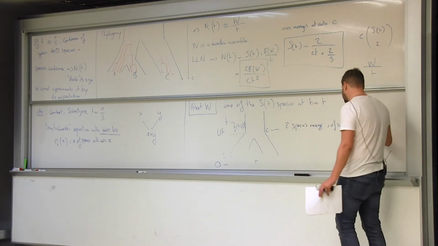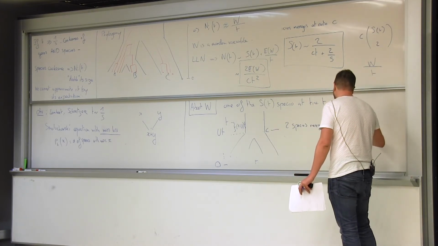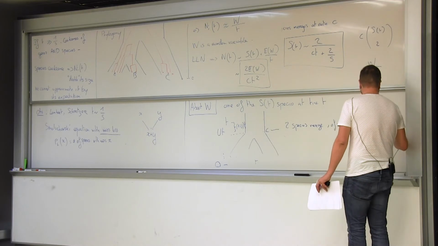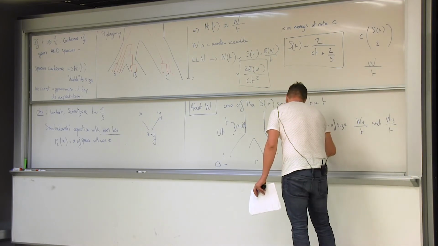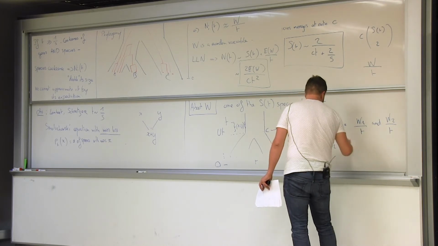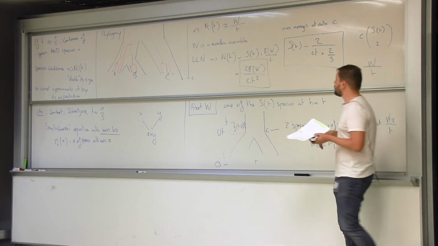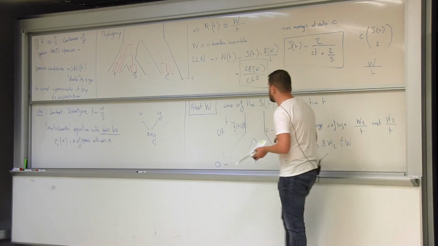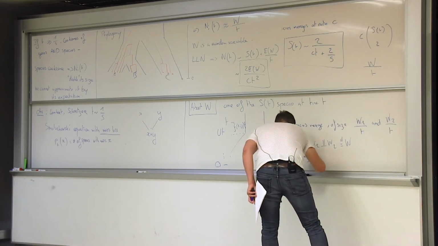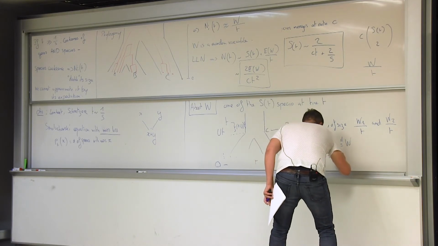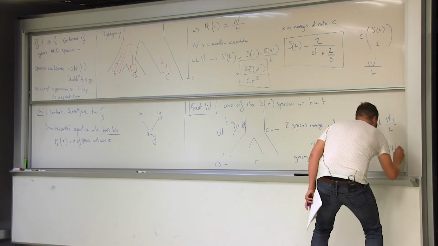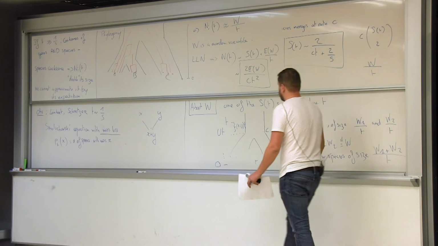So they should have w1 over t, the first one, and w2 over t, where w1 is independent of w2, and they have the same law as w. So that means that at time ut, my newly created species has size w1 plus w2 over t.